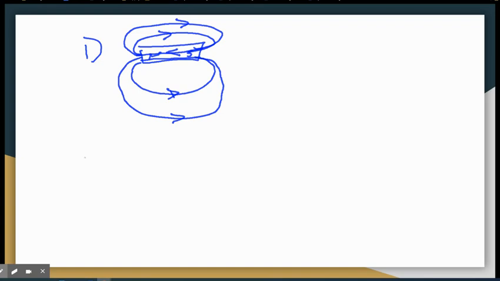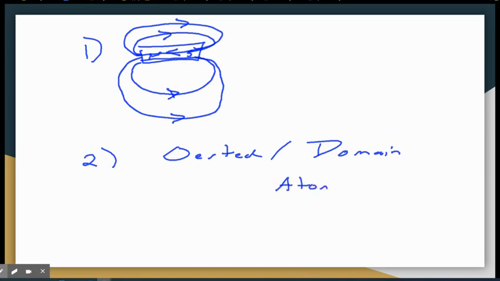And then the second thing is this whole idea of Oersted and his discovery and domain theory. This idea that we go from an atom with its individual little teeny tiny magnetic field with north and south, a group of atoms working together we would refer to as a domain.